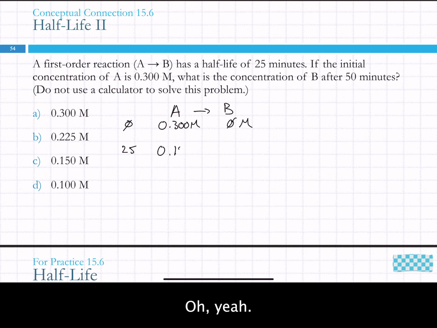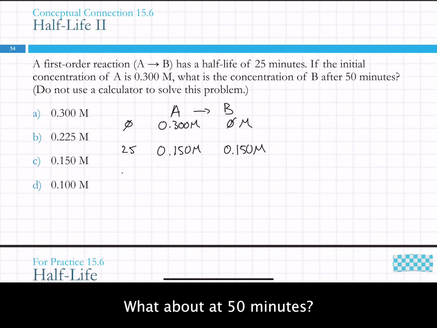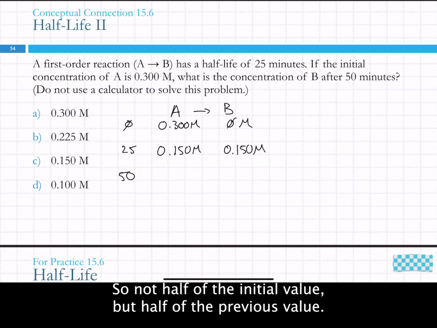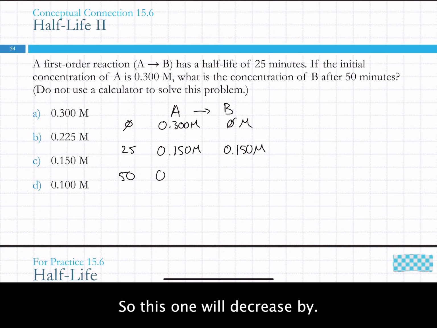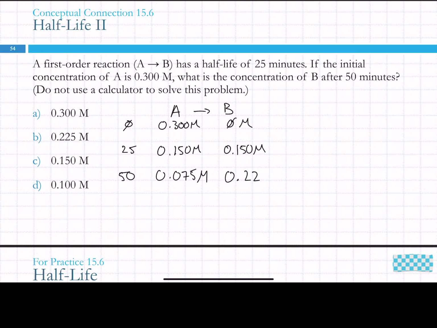Half, yeah. 0.150. So this is going to be 0.150. What about at 50 minutes? So not half of the initial value, but half of the previous value. So this one will decrease down to 0.075. This will be B.